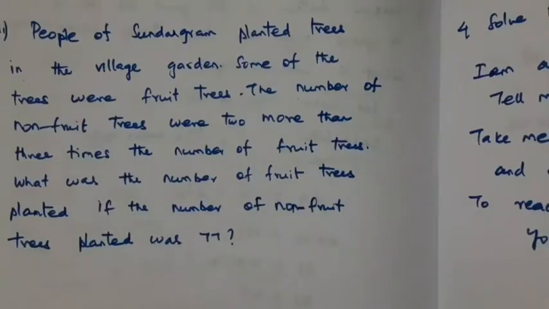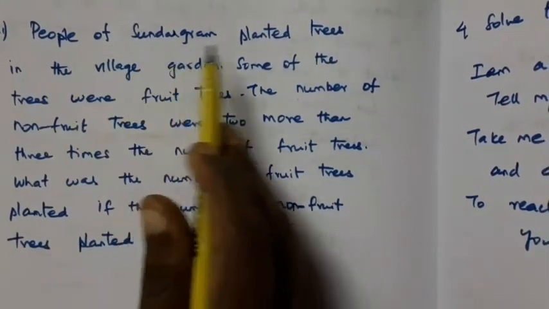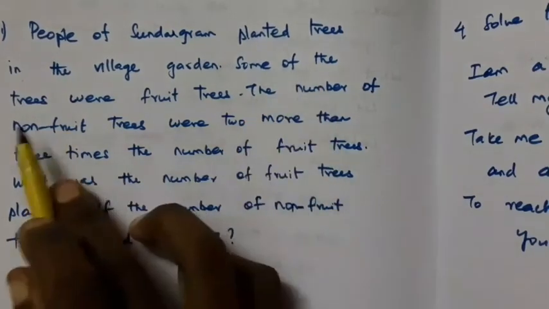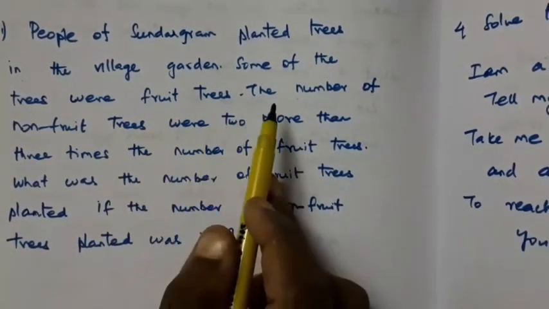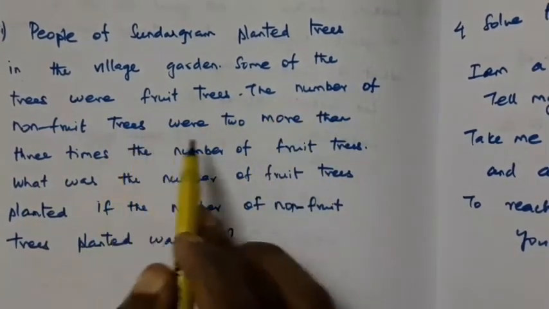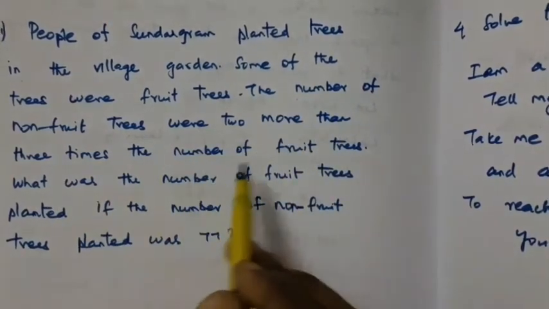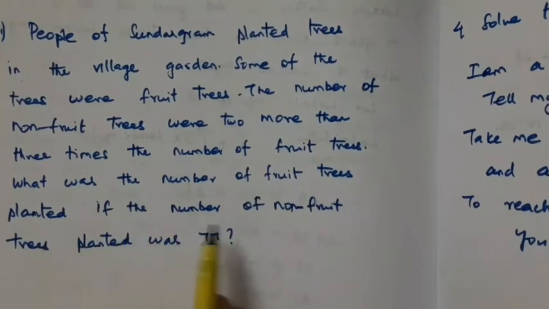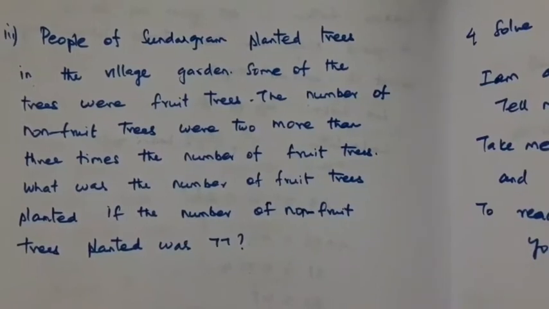The next problem is: people of Sundargram planted trees in the village garden. Some of the trees were fruit trees. The number of non-fruit trees was 2 more than 3 times the number of fruit trees. What was the number of fruit trees planted if the number of non-fruit trees planted was 77? The question is big, but it is easy to solve.